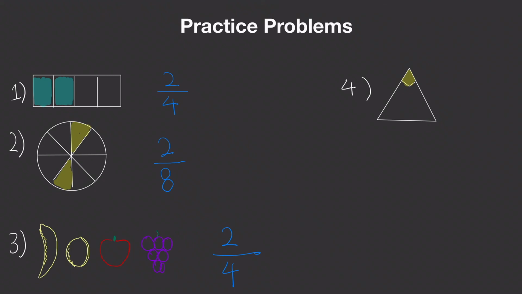So now let's finish the last problem. The last problem has a triangle over here, and it's divided with a diamond-looking piece like this, and this is another piece that looks like this. So what would be the denominator, or the total number of equal parts that are dividing this entire triangle?